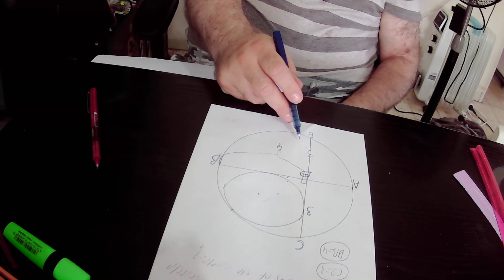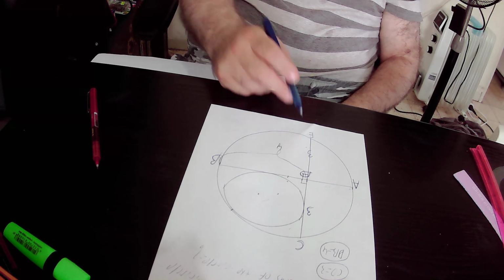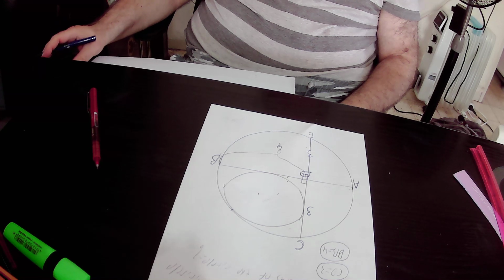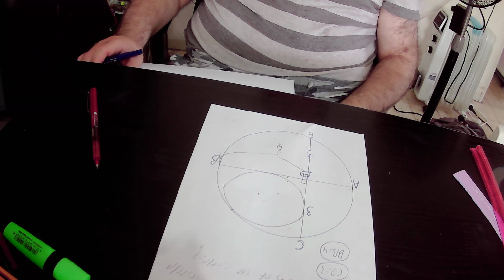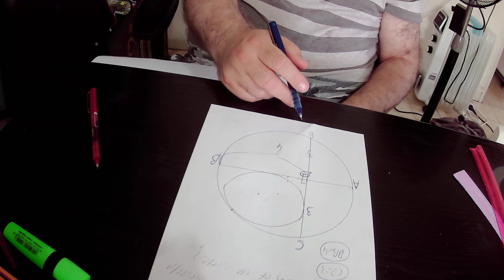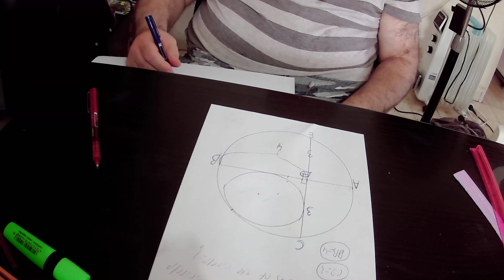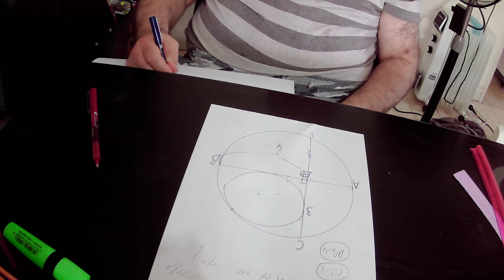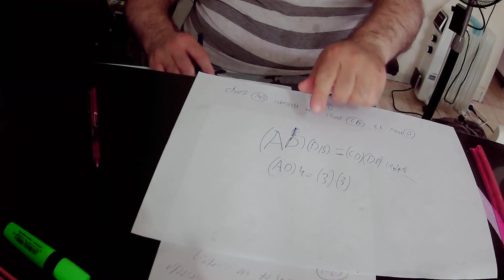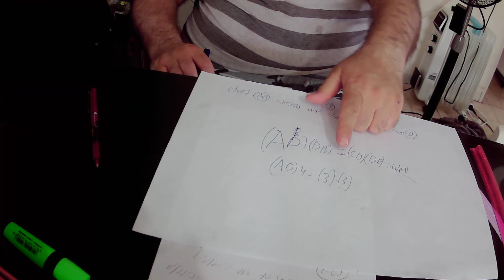CD equals to 3 units according to what is given us in the question, so we substitute CD by 3 times DE. DE is also equal to 3 units according to what we have already found out, so we substitute DE by 3. So in conclusion, we found out that AD times 4 equals to 3 times 3.